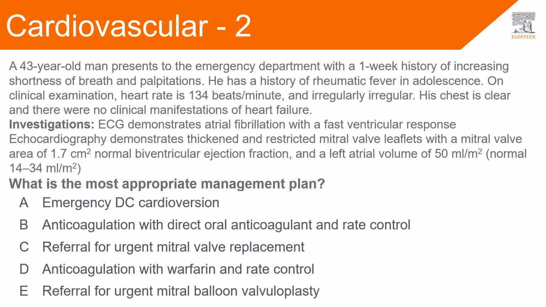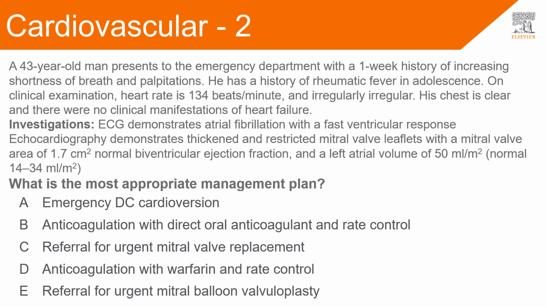ECG demonstrates AF with a fast ventricular response. An echo demonstrates a thickened and restricted mitral valve leaflet with a mitral valve area of 1.7 centimeters squared, a normal biventricular ejection fraction, and a left atrial volume of 50 ml per meter squared. What's the most appropriate management plan?